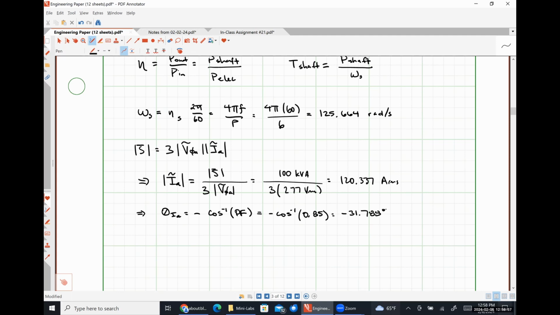Putting those two things together, our current IA comes out to be 120.337 with an angle of negative 31.788 degrees amps RMS.